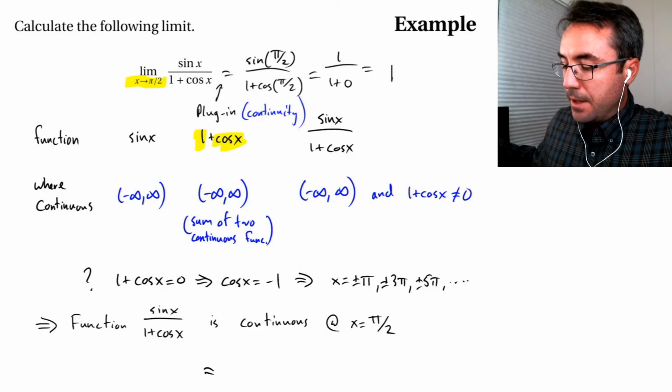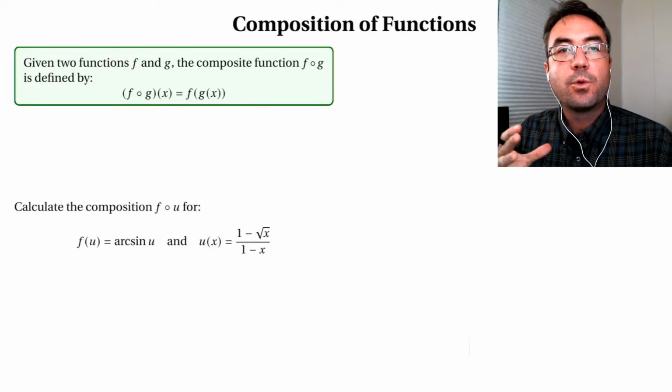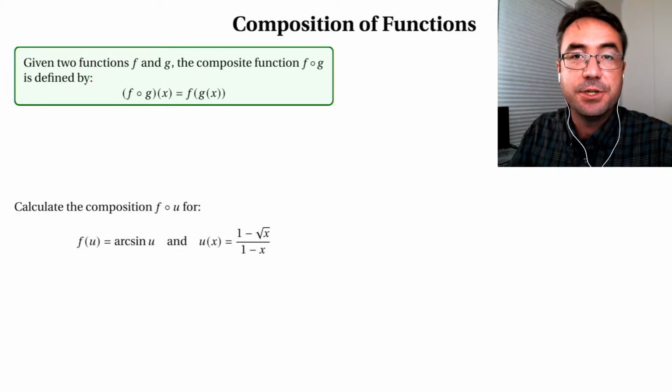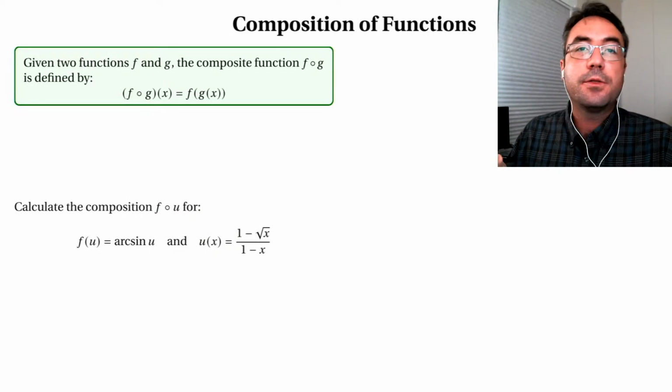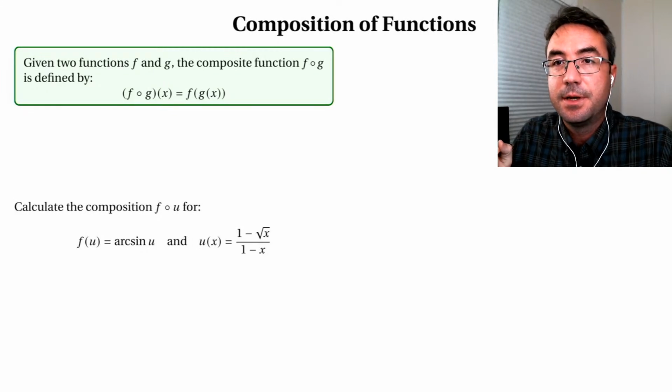All right, so that's looking at functions where we combine them with just usual arithmetic: plus, minus, multiplication, division, that sort of thing. There's one other way to combine two functions, and that's with composition. So first, let's just remember what the composition of two functions is.